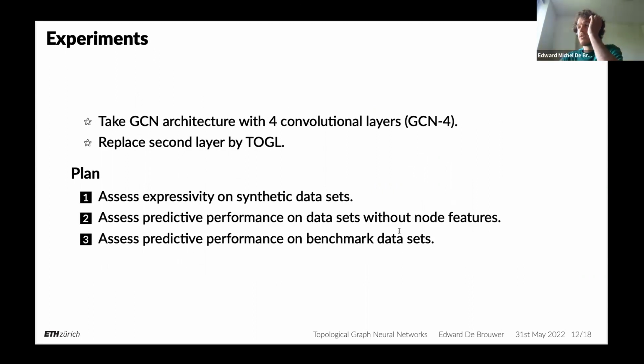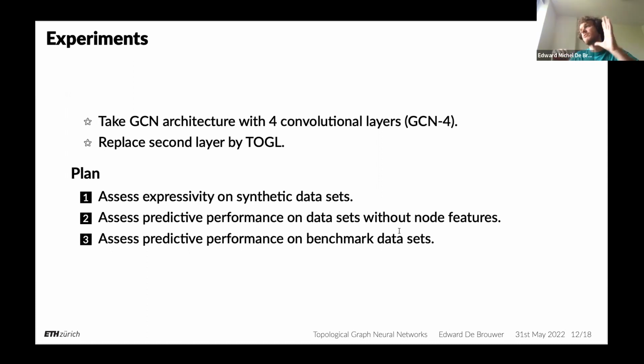So we ran a bunch of experiments in order to assess the performance of this model and how different setups were performing. Our base experiment is that we take a classical GCN architecture, a GNN with 4 convolutional layers, so 4 stacks of GCN.